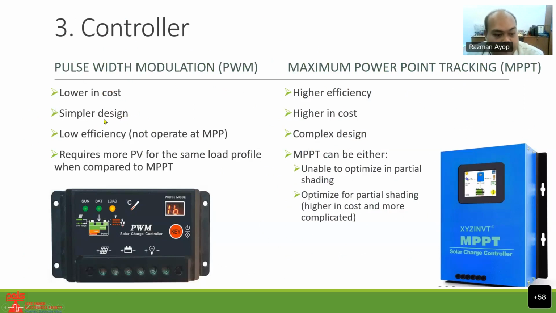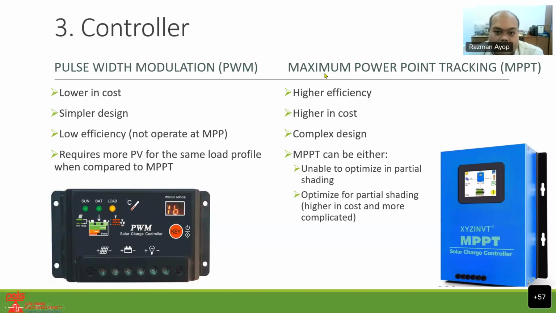But the problem, if you choose the PWM, is that it has lower efficiency, probably around 60%, depending on the manufacturer, because it does not operate at MPP. And because of the low efficiency, it requires more PV for the same load profile. Even though you can buy this at a lower cost, you need to have more PV. That is the PWM controller for PV systems.